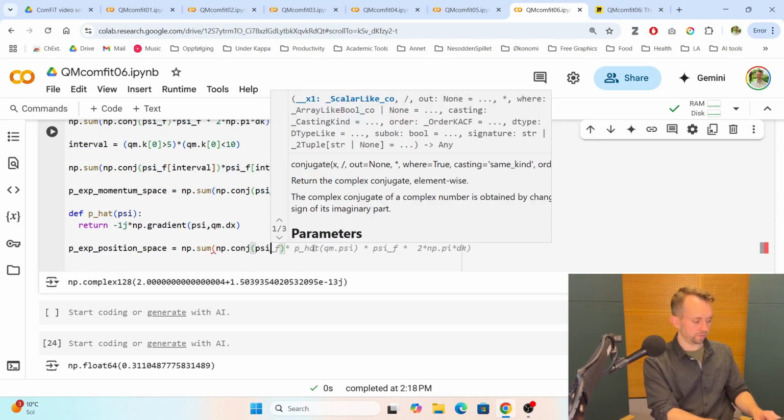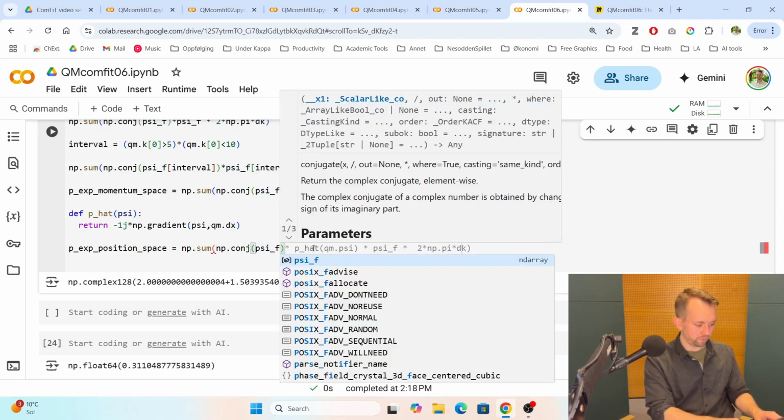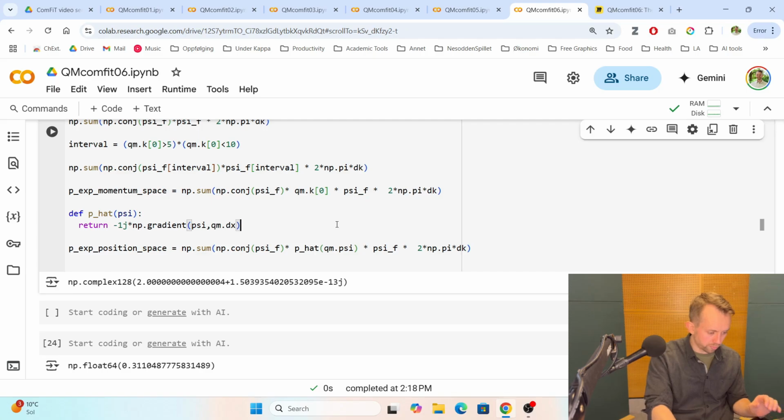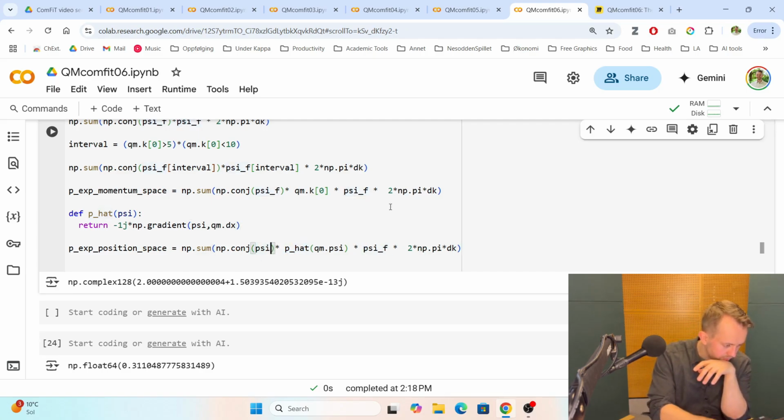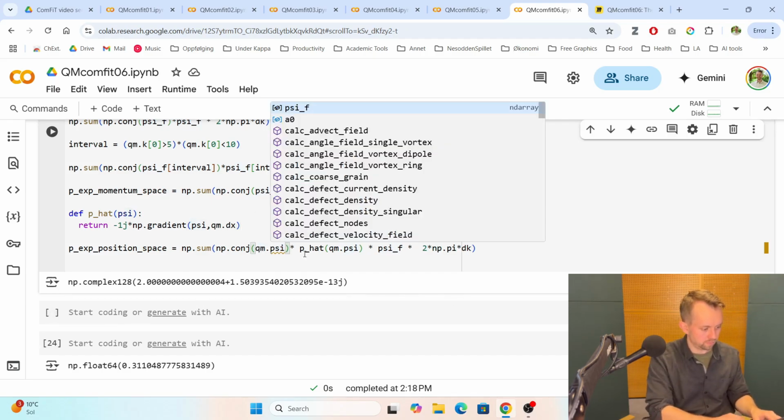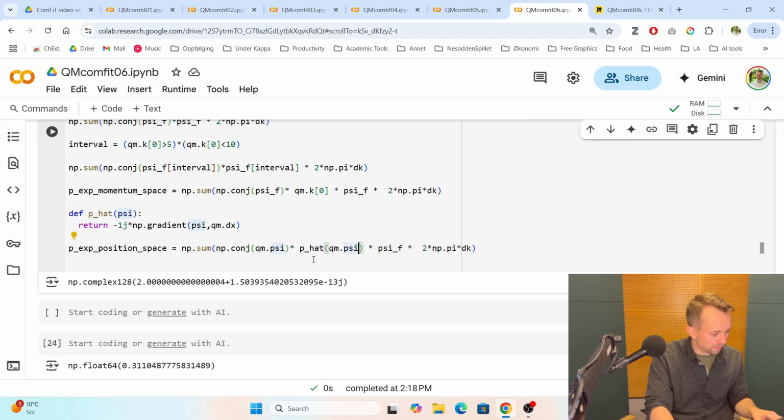So let's calculate the psi f, and then it's suggesting something for me. Is it correct? So we're going to do, no, actually it's not psi f, it's the conjugate of psi, qm dot psi. And then p hat applied to qm dot psi, that's correct. This we don't want here, but we want to have qm dot dx here.